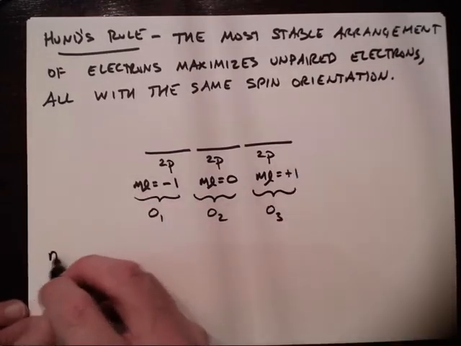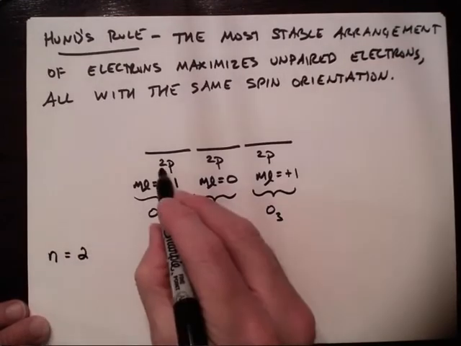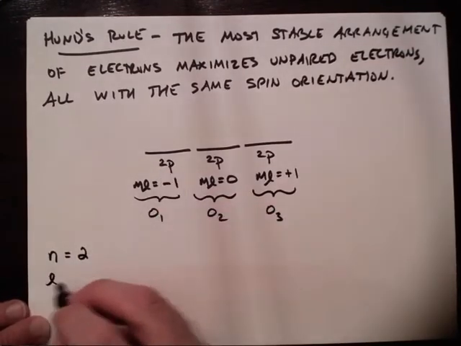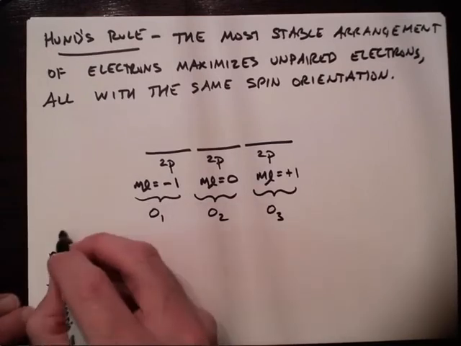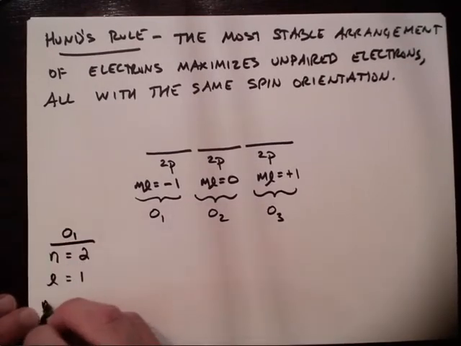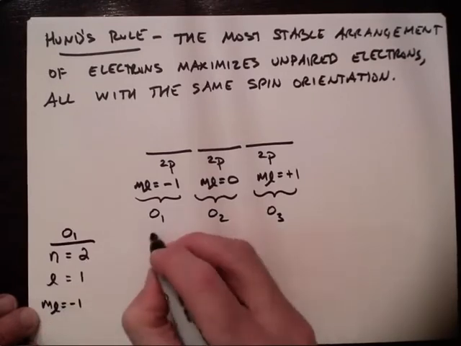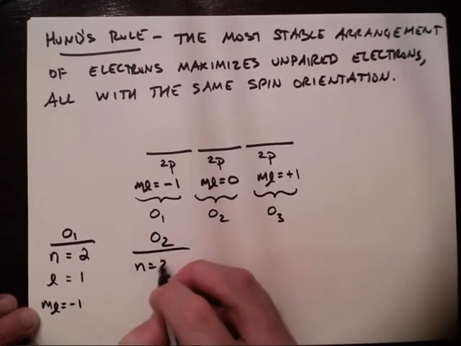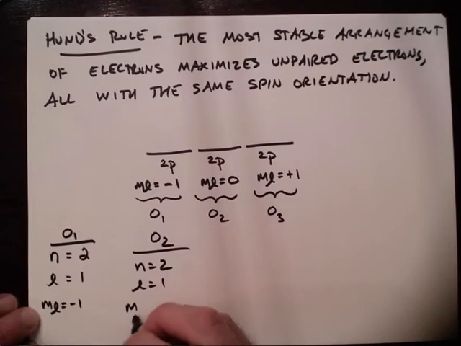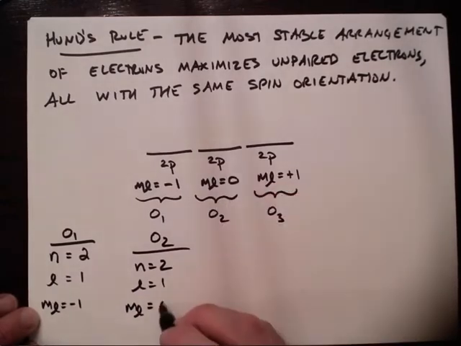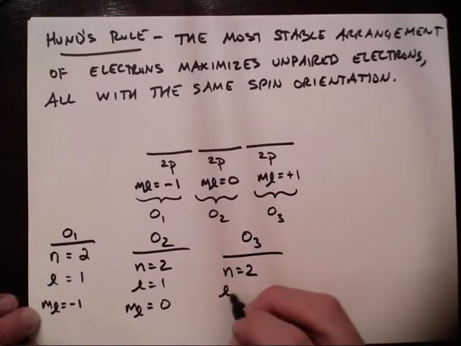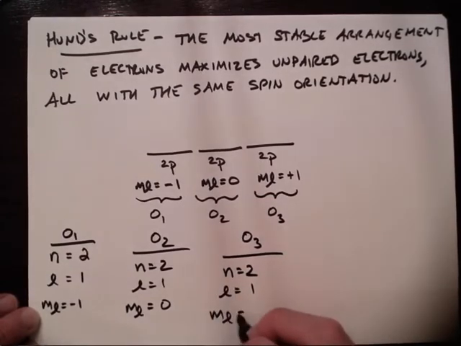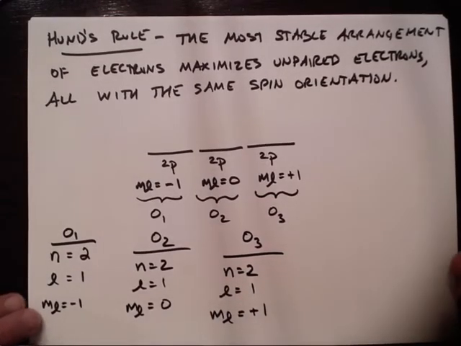They're all going to have the value of n as 2 because it's a 2p. L is going to be 1, and m sub L is going to vary for all of them. So orbital 1 is going to have m sub L negative 1. Orbital 2, of course, will have n equal 2, L equal 1, and m sub L for orbital 2 will be 0. And orbital 3, n will be 2, L will be 1, and m sub L will be plus 1.